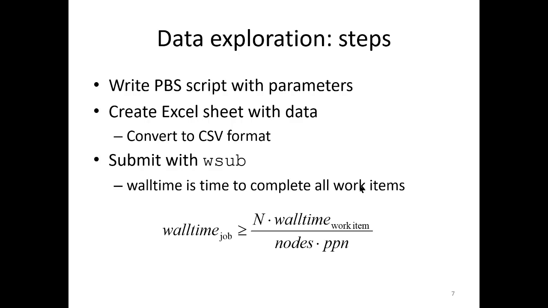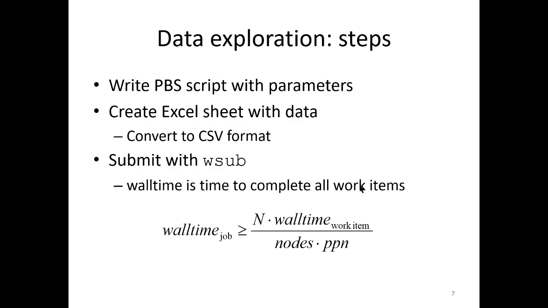And of course you have to keep track of the wall time, because the wall time now is no longer the wall time required to compute a single work item, a single computation, but rather to do all n computations. So we assume we have n rows in our spreadsheet, so the wall time of the job will have to be larger than the total number of work items times the wall time for a work item, divided by the number of nodes times the number of cores per node which you're using.